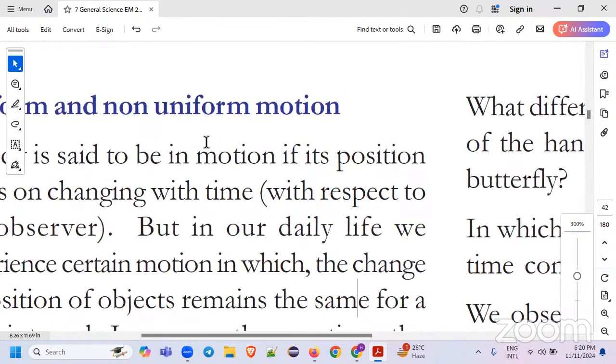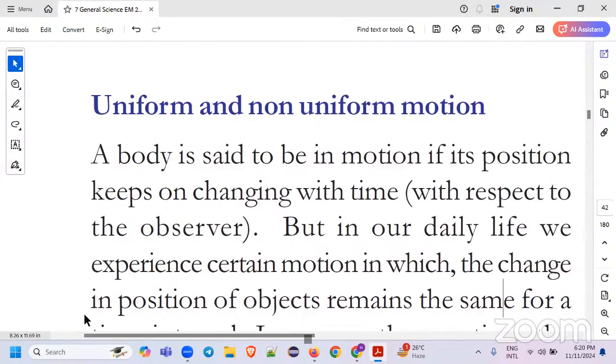So in uniform motion, in what way can we give the definition? Now we are trying to understand uniform motion.